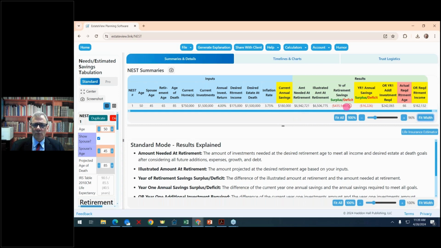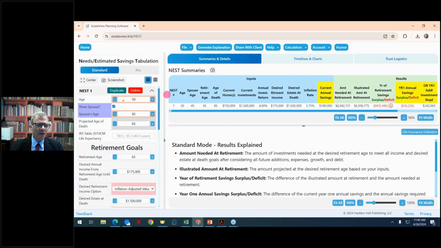They will be short of investments by $435,000, or they need to save another $16,000 a year to get to where they want to be. That's not terrible. Or they just need to find $242,000 today and add that, maybe by downsizing their home, or they need to work a little bit longer.